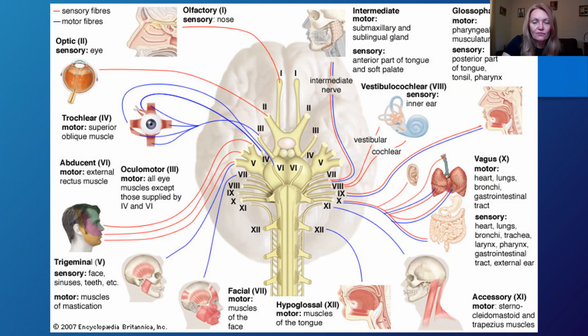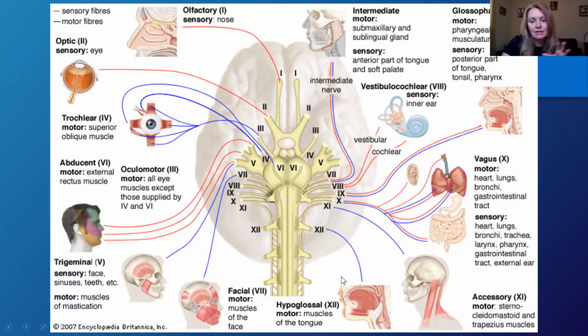Now, pause the video and read the slide, and that will tell you what these nerves are and their major function. I want to just mention the vagus nerve. Most of these nerves innervate organs located in your facial area and your neck.